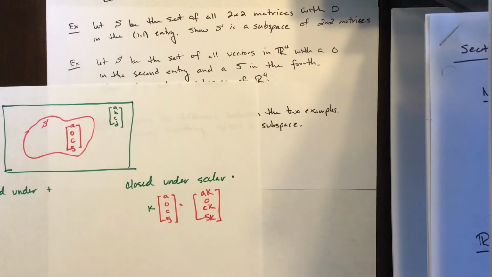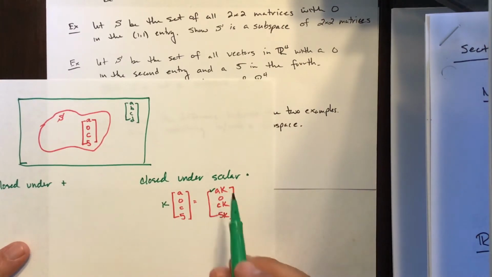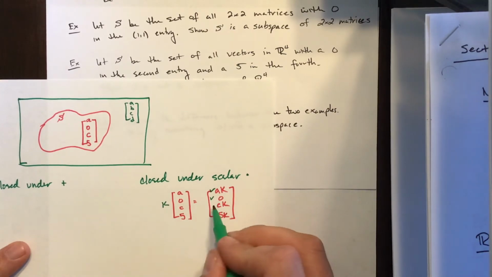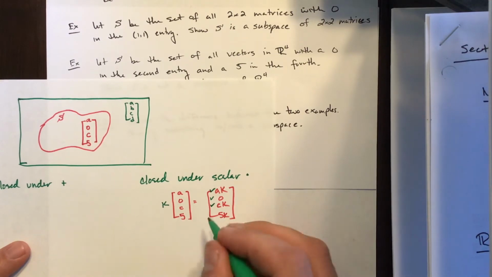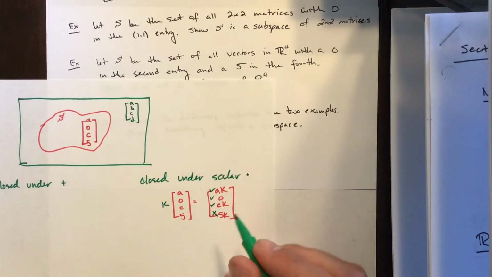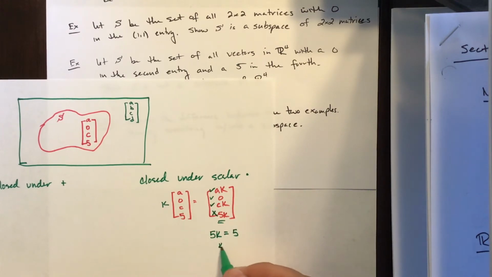Now, this is good. This entry is a real number, that's what it should be. 0 is good because the second slot has to be 0. Ck is good because the third entry has to be a real number. 5k is not, because this fourth element must be equal to 5, and that only happens when k is 1. But we can't restrict k to be 1. k's got to be any scalar.